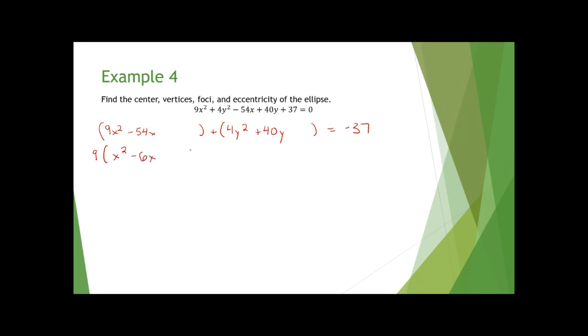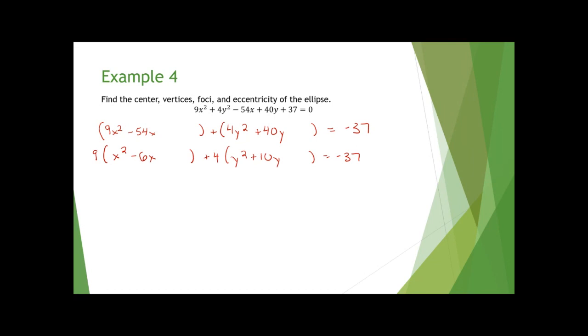And out of the 4y squared plus 40y, I can factor out a 4, so that gives me 4 times (y squared plus 10y), equals -37. I'm leaving these gaps here so that we can do the completing the square process inside the parentheses.